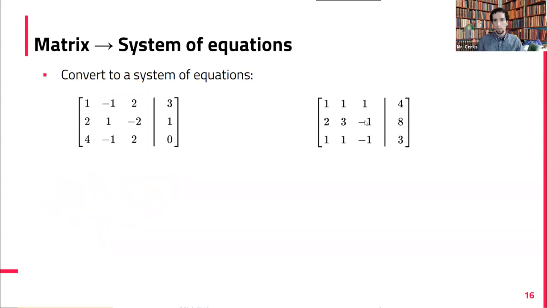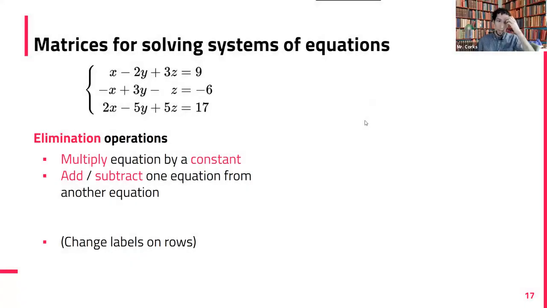All right. So the next thing is the operations. There are surprisingly 3 operations that we can do with matrices when we do this elimination, this solving process. On the left, again, reminding you what the ones are that we have for just looking at it as a system of equations.